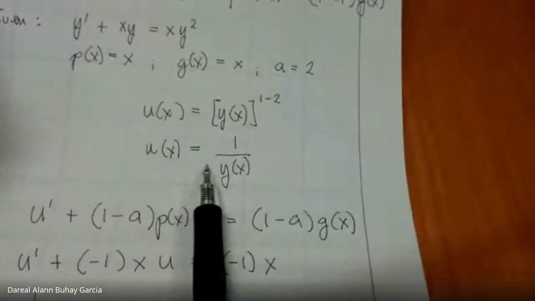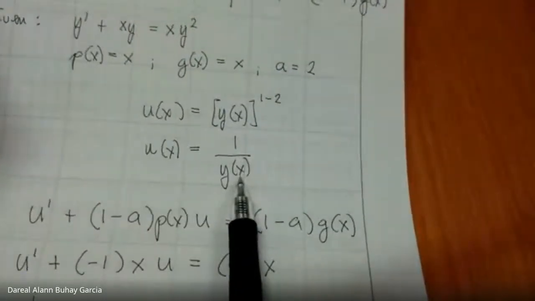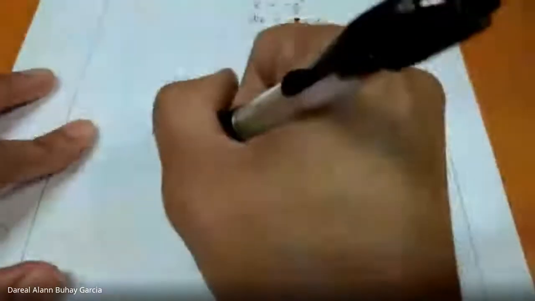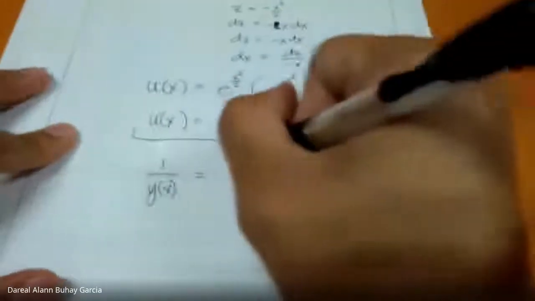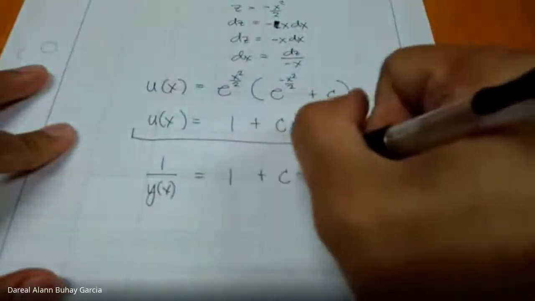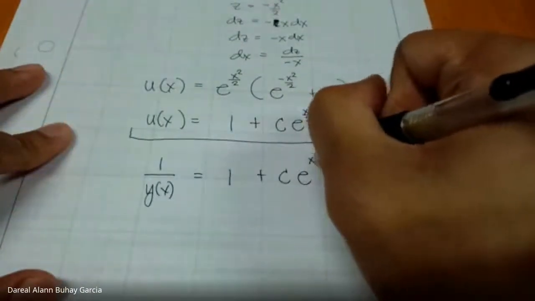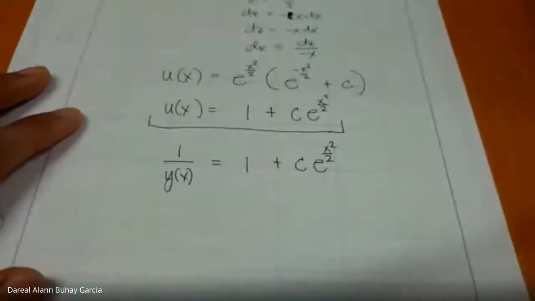Earlier, we substituted u of x is equal to 1 over y of x. So u of x is equal to 1 over y of x, which is 1 plus c e to the x squared over 2.